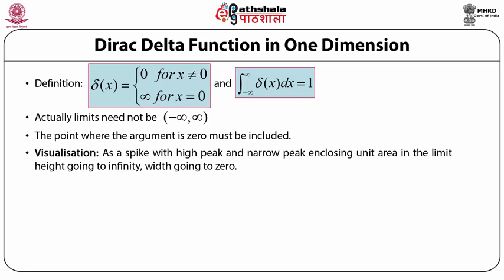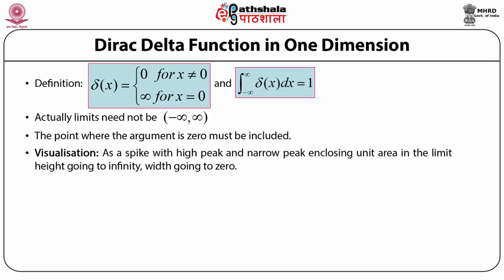That is, the height is very high, but the width of the spike is very narrow, such that the width tends to 0 as the peak tends to infinity, and this encloses a unit area in the limit where the height goes to infinity and the width goes to 0.